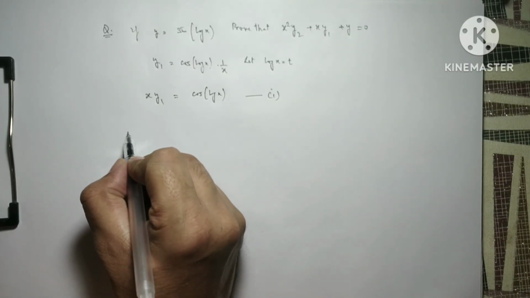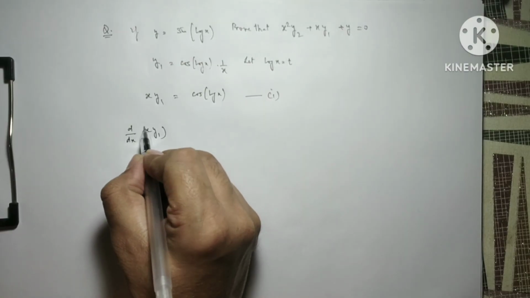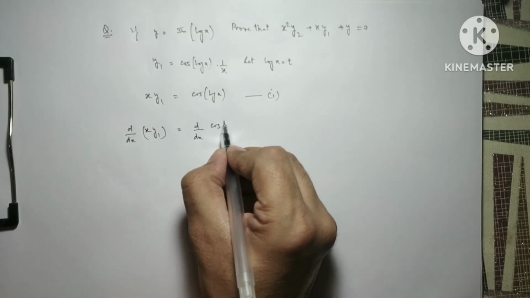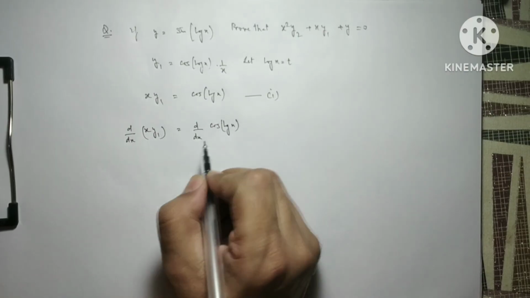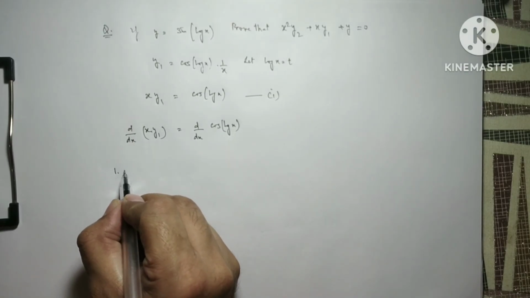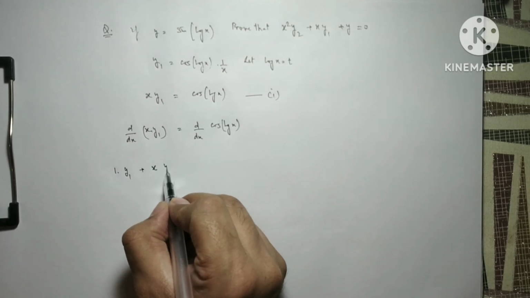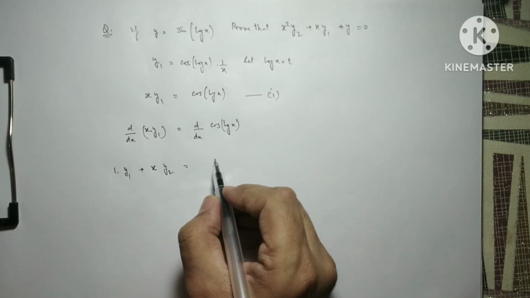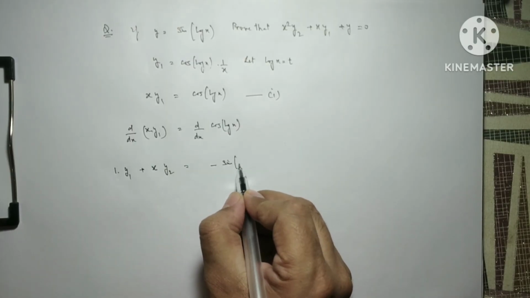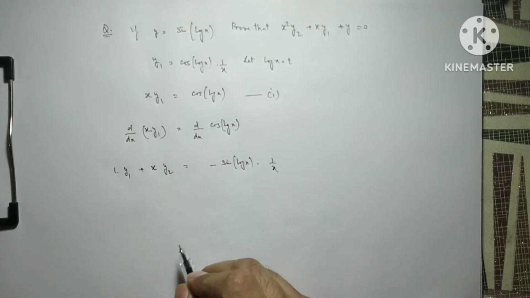So d over dx of x y1 and d over dx of cos log x. So the product rule: differentiation of x is 1, y1 as it is. Now x as it is, differentiation of y1 is y2, second order. So it is minus sine log x, and what about log x? That will be 1 over x.